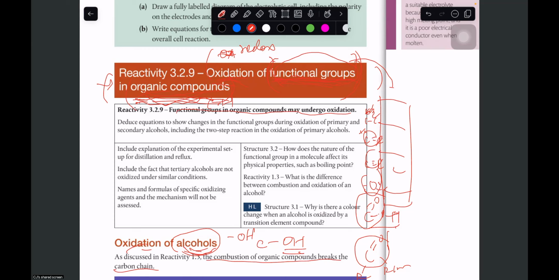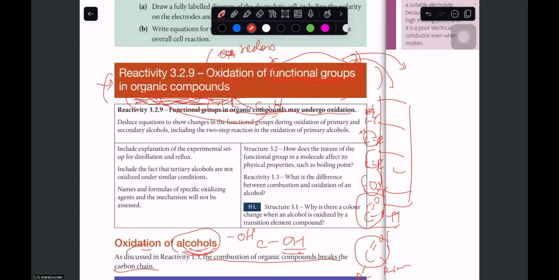Okay, we will continue. Organic compounds are compounds made of carbon and hydrogen, right? Carbon and hydrogen. This is the organic compound, and the functional group is actually like this one.